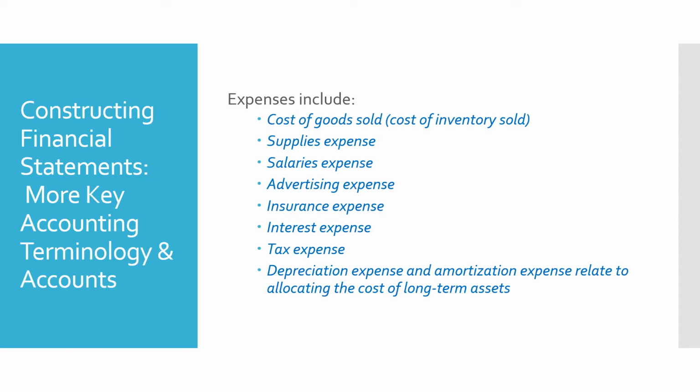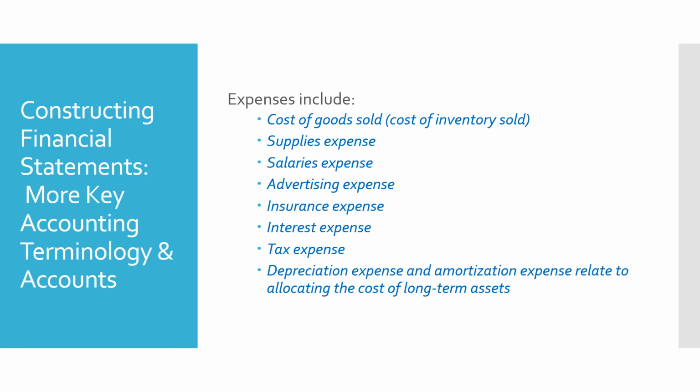Revenue accounts are pretty straightforward. They're all going to say revenue on the end of them, and there typically will not be more than one or two. But in terms of expense accounts, there can be a number of different expense accounts. They all say expense on the end of them, except for cost of goods sold.